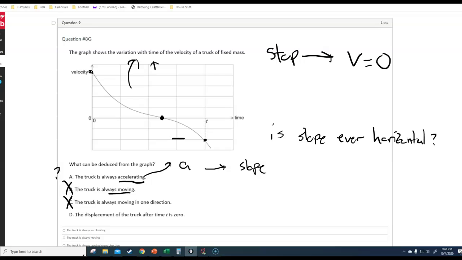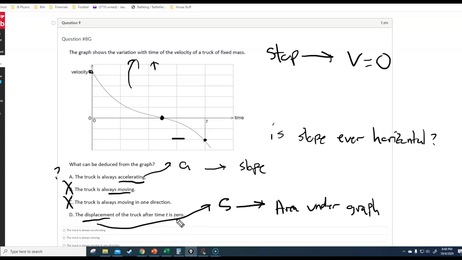C is out. And then D says the displacement of the truck after time t is 0. On a velocity time graph, displacement corresponds to area under the graph. Now, is it possible to get an area of 0? Yes, as long as the positive area and negative area cancel each other out. So you have to ask yourself, this area right here is a positive area.